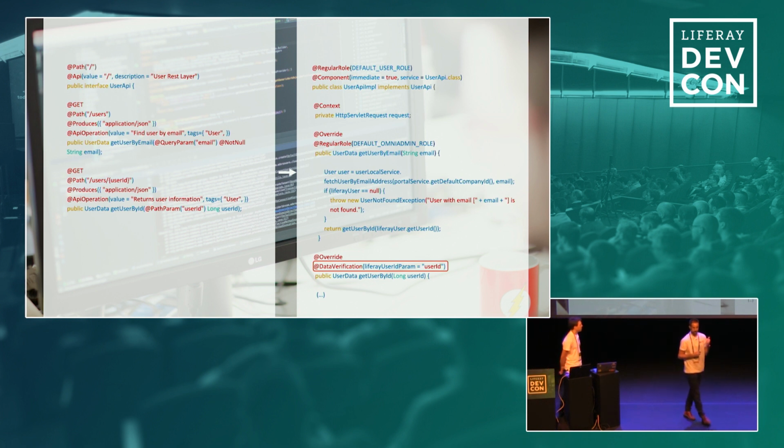Then you can see the data verification annotation. This is an annotation of our custom filters. It checks that the user ID parameter, we can use any parameter, is the correct one, that it is the user who is logged in. Basically, it applies a new authorization layer.